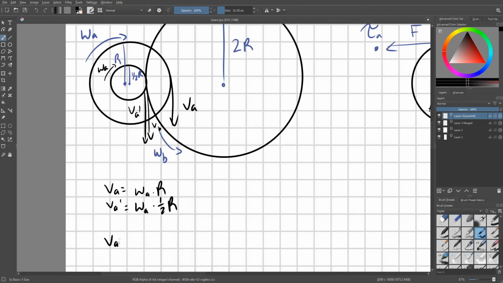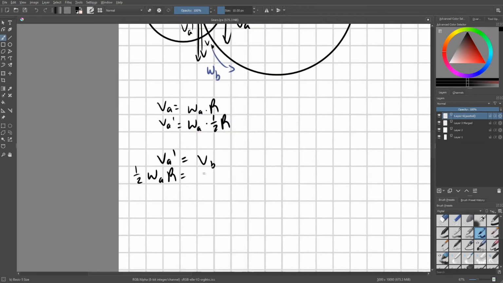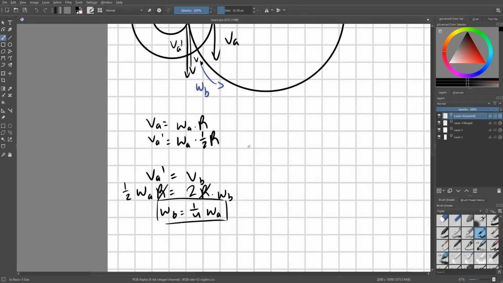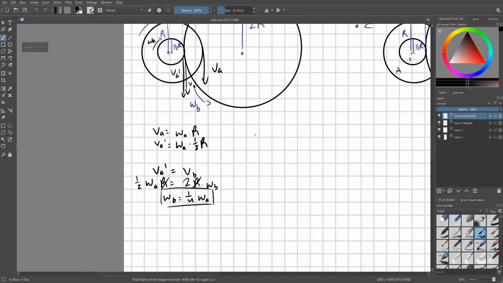So if we have VA prime equals VB, now we can say that VA prime, which is 1/2 omega A times R, is going to equal 2R times omega B. And we end up getting that omega B is 1/4 omega A. So compound gears are very useful for scaling speeds down or up, depending on what you're trying to do.